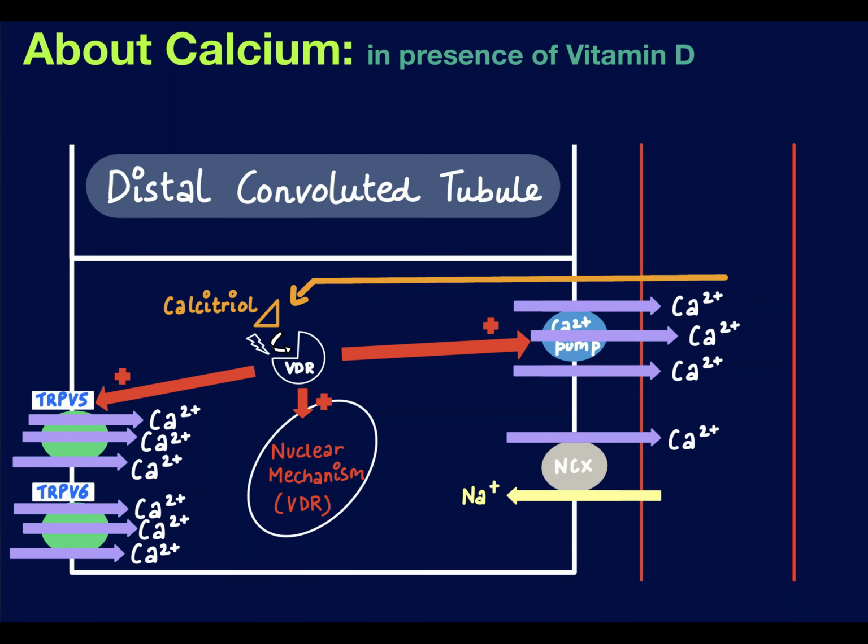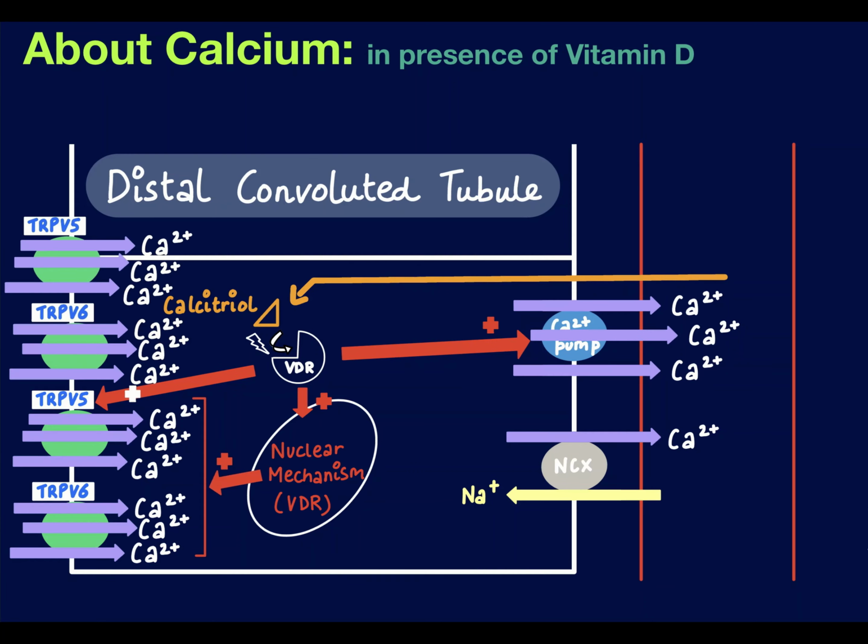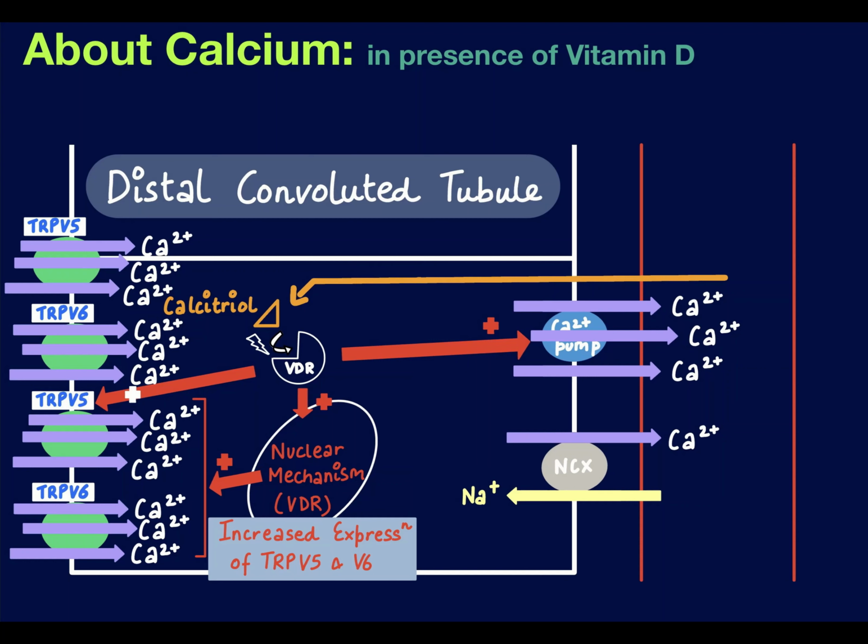This attachment also stimulates the nuclear mechanism, leading to increased synthesis of TRPV5 and TRPV6 transporters. As a result, there is increased expression of TRPV5 and TRPV6 transporters on the luminal side of the distal tubular cells. Thus, calcium reabsorption is increased multifold.